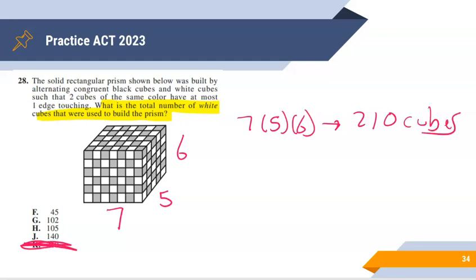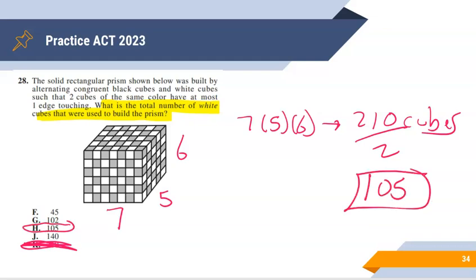Can't be K. A few people thought it was K. It's not K. Now, in looking at this, I think we can tell that half of these cubes are white. So if I just divide by 2, I'm going to get an answer of 105, which is what we wanted.